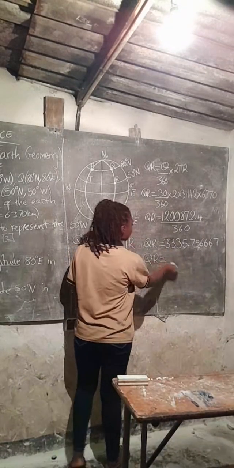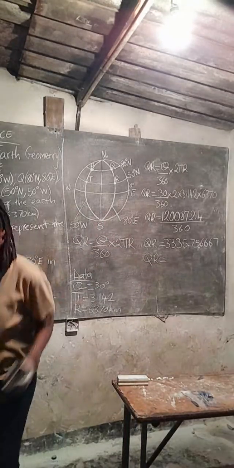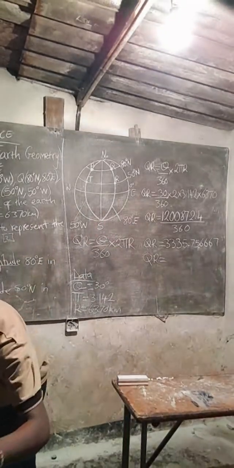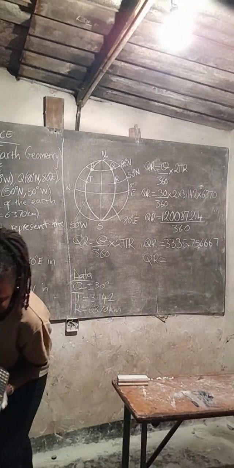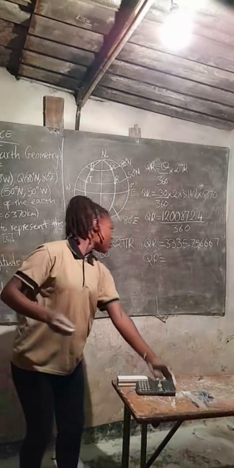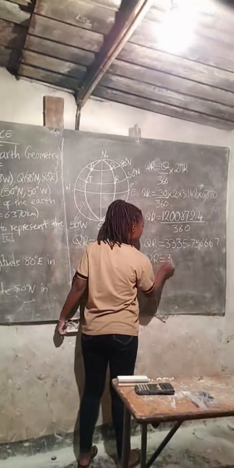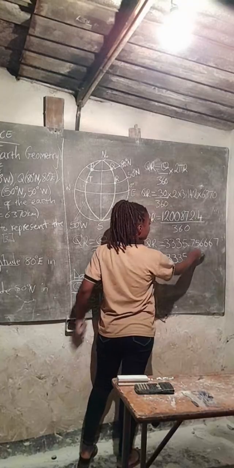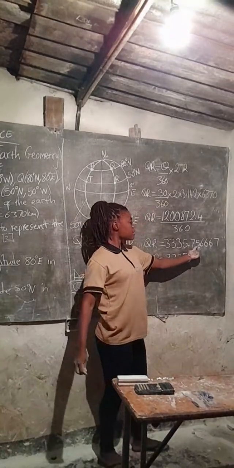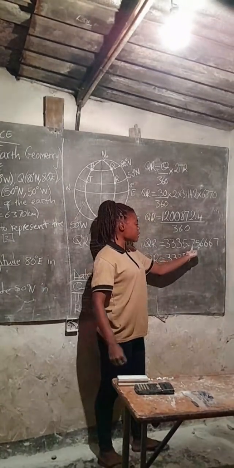Those that have rounded off to a whole number, those that have rounded off to a decimal place, as well as those sleeping in class. If you have rounded off to one significant figure, that will be 3000.